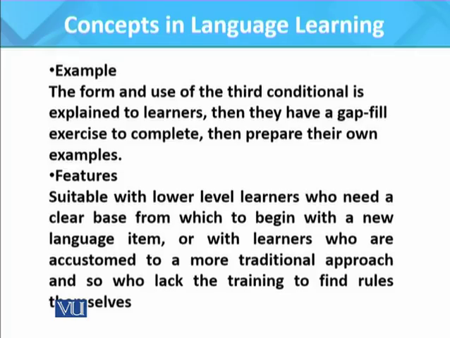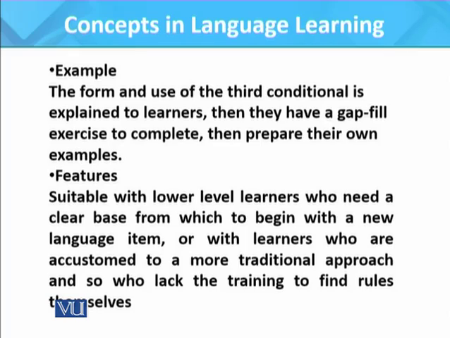So first of all, what needs to be learned is introduced by the teacher, explained to the learners, and then students are given exercises specific to that particular grammatical rule, and based on that, students develop their own examples.